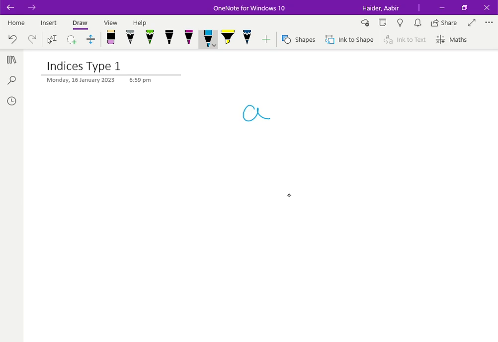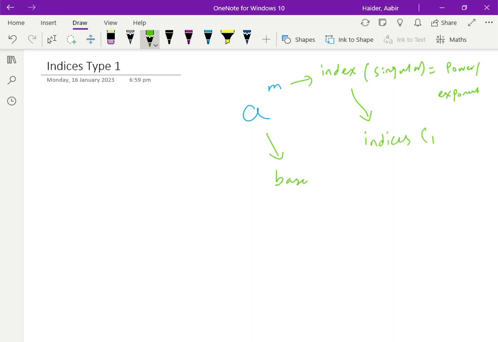Okay, so for example, if we have this, so first of all, terminologies. This we call as base and this we call index, right? And the plural, this is singular index and it means power or exponent. But the same thing can be said as indices and that will be its plural.